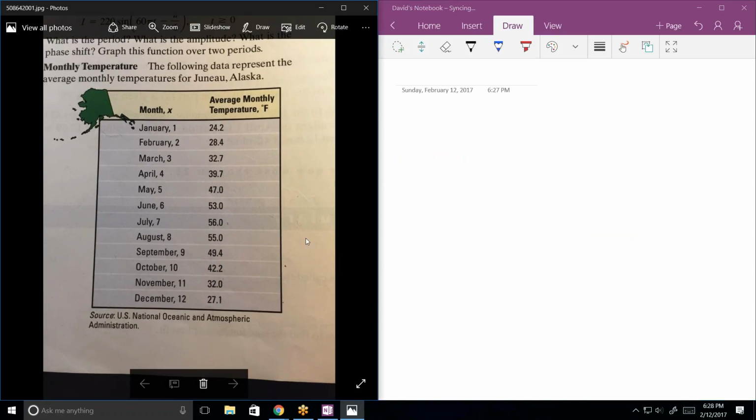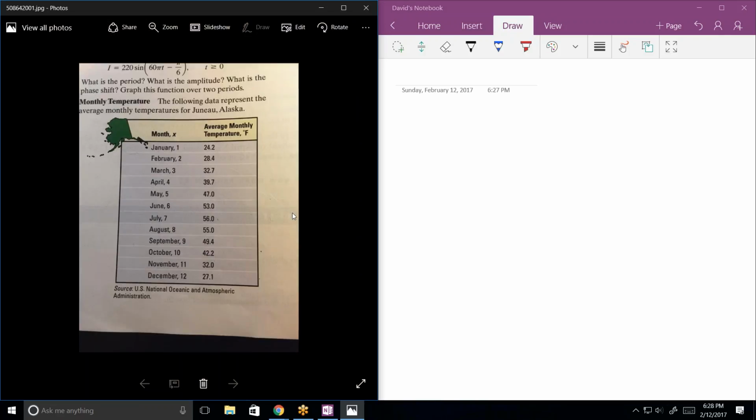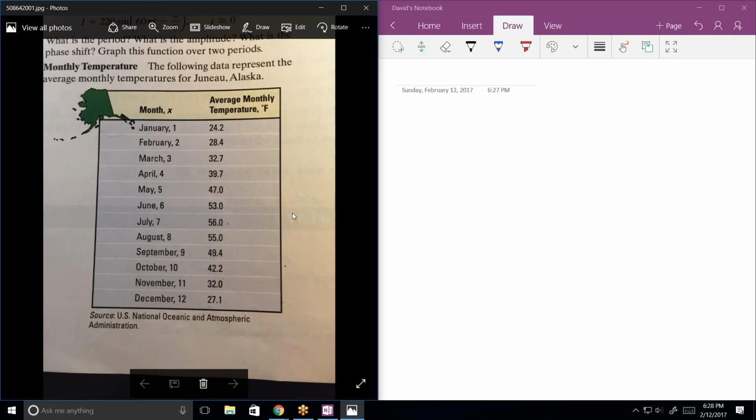A word problem dealing with sinusoid functions. Yes. So I put all the data in a table on my calculator, and then put all the points on a graph.